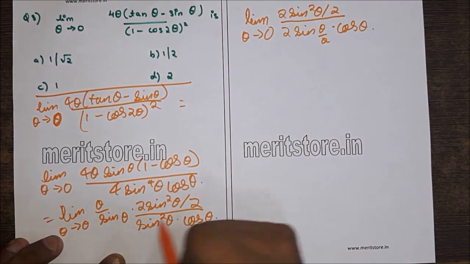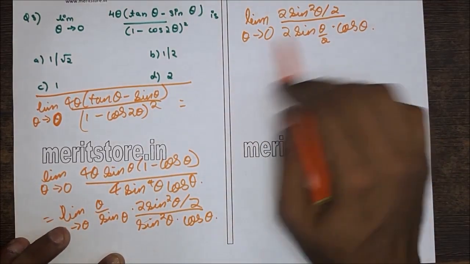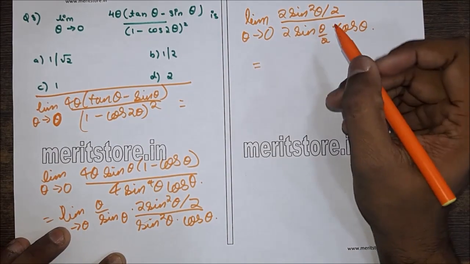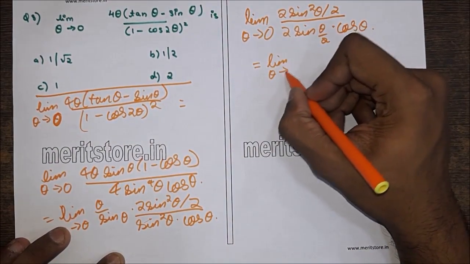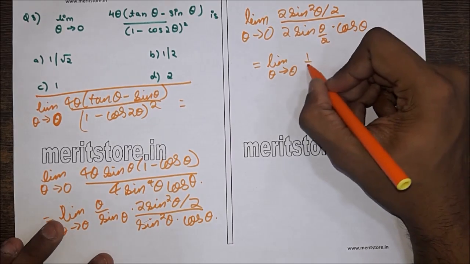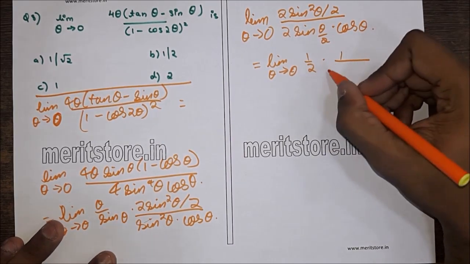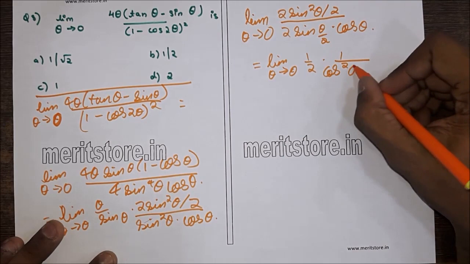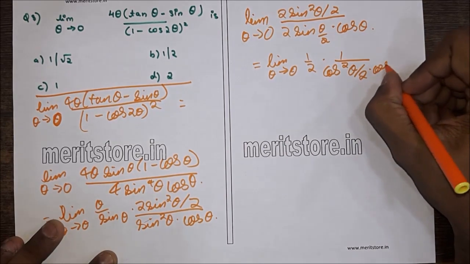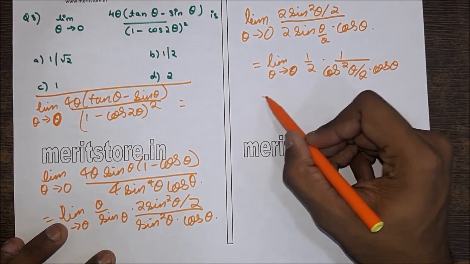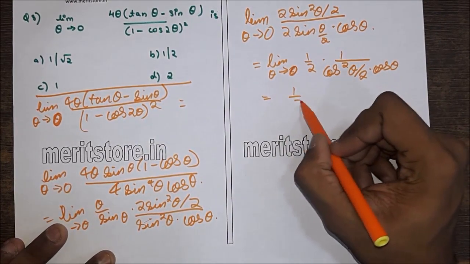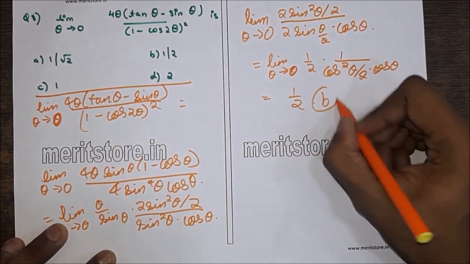This makes it easier to solve this equation that gives us this result. Now we could solve this further as limit of theta tends to 0, 1 by 2 into 1 by cos square theta by 2 into cos theta. Applying the limit of theta tends to 0, we are left with the constant 1 by 2, which is option B.